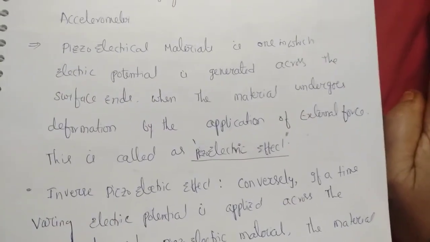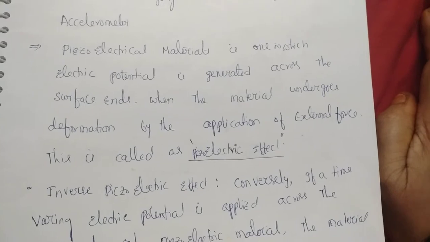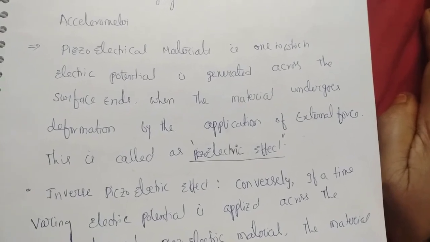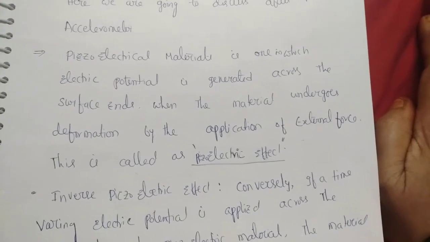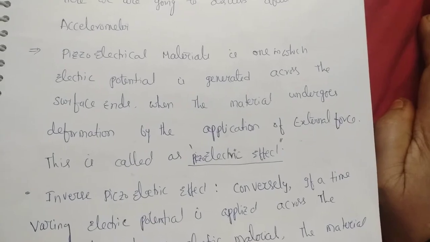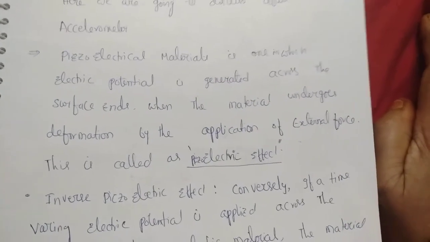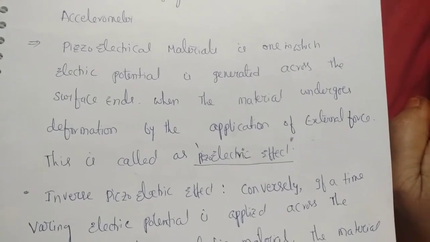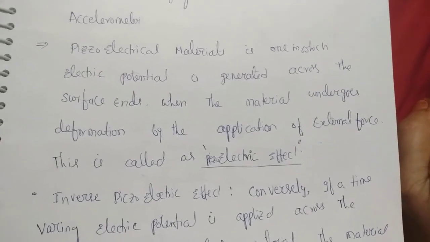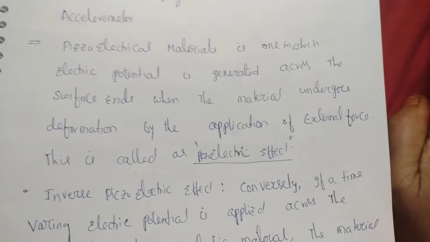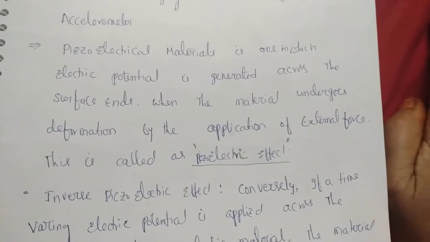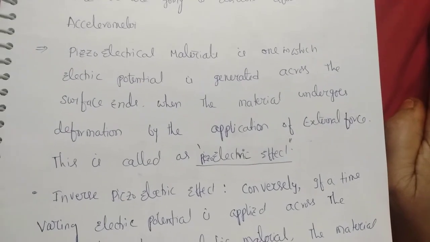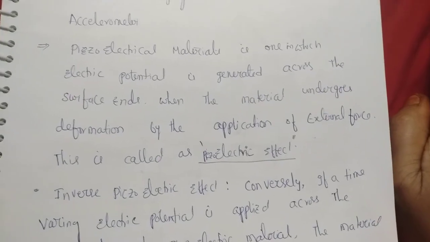Before going to that, let us look at piezoelectric materials, which exhibit piezoelectric properties. In piezoelectric materials, an electric potential is generated across the surface ends when a force or pressure is applied perpendicularly on the surface of the crystal.